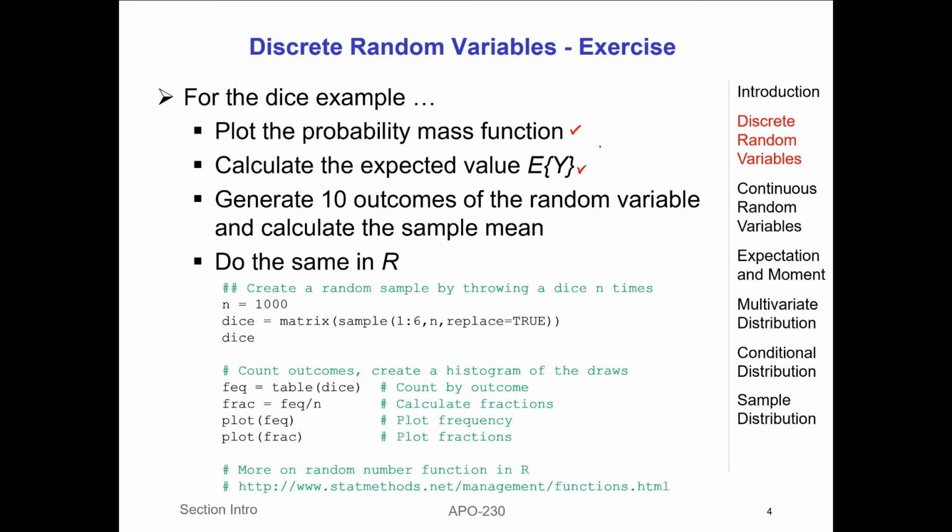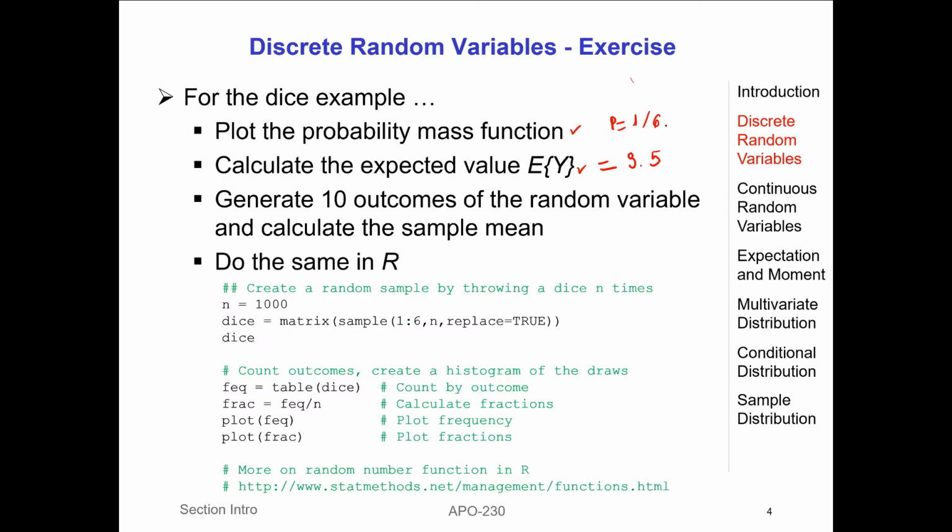I will also skip this part, but let's just remind ourselves quickly that the expected value of the dice random variable is 3.5. You weight each outcome by the probability, which is 1/6 for each of the 6 possible outcomes.